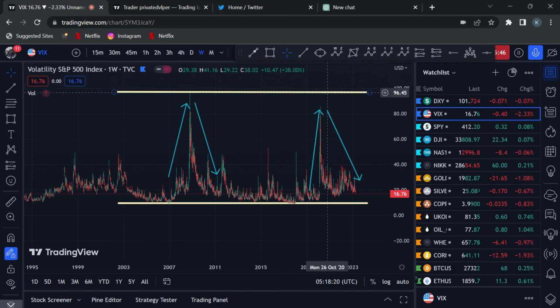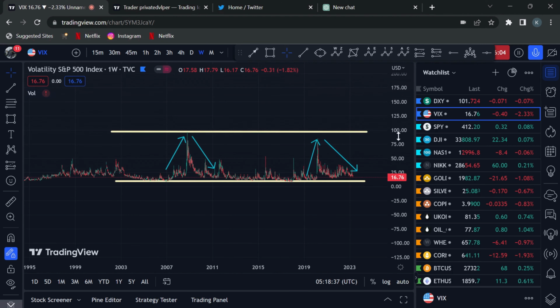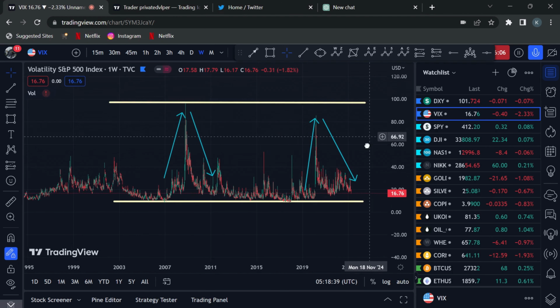So as you can see, the range is usually around this price level that we are at currently, that is the 10 to 20 area. Currently we are at 16.